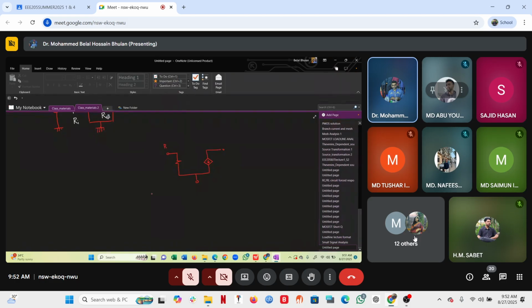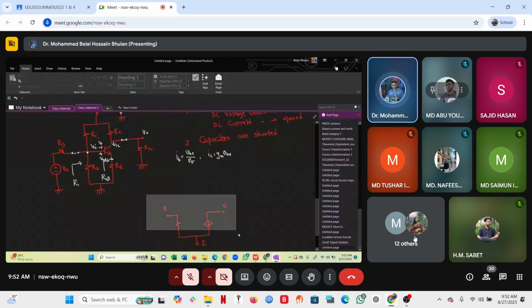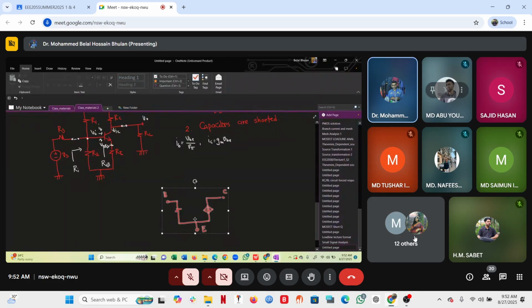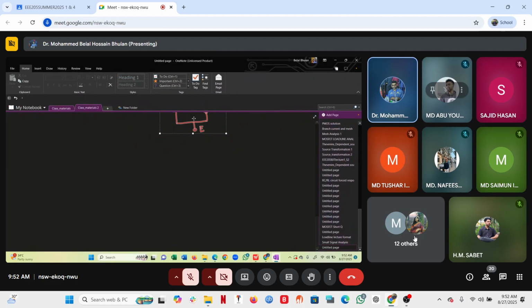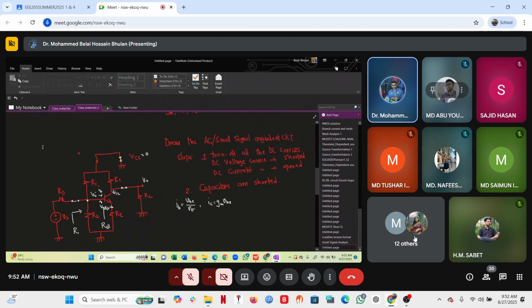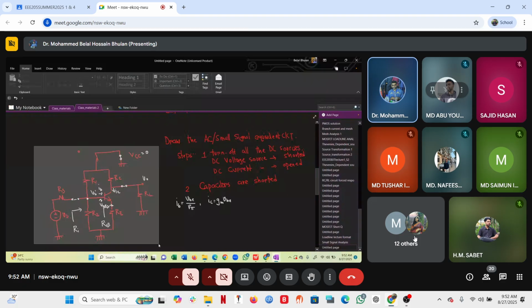There's our base, collector, emitter. Oh, sorry. Before doing that, I have to do one more step. So I'll just do it later.